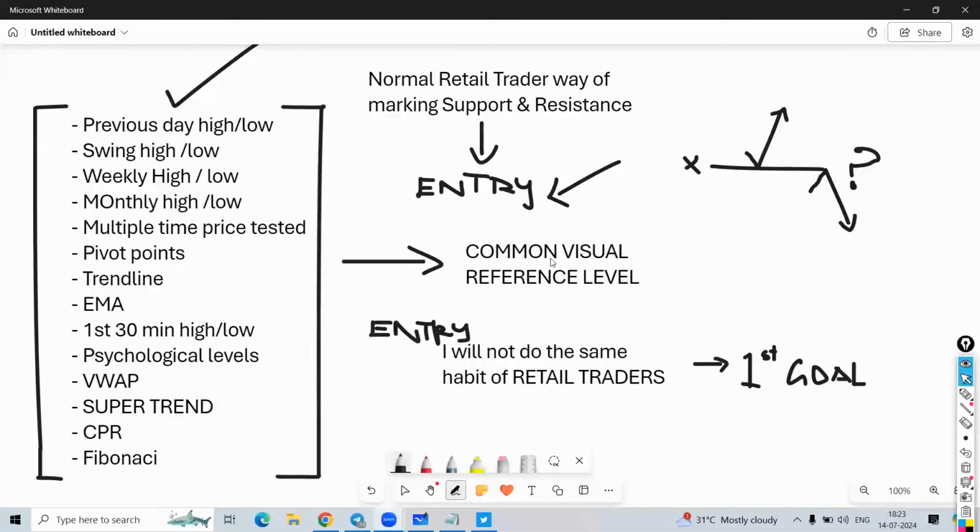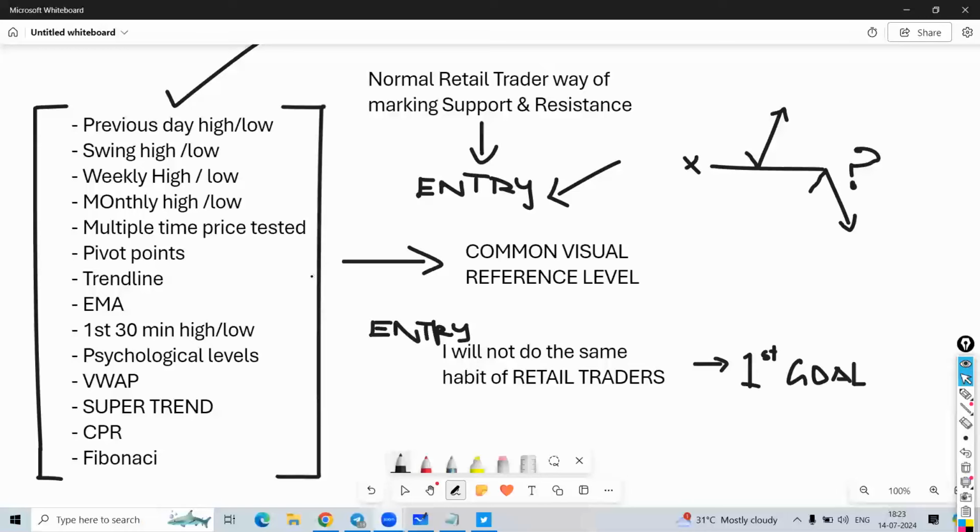You have access to the chat box, right? You can see every other trader's messages. Just check it out. Not even a single trader has said he or she is making consistent money by taking trade entries around these reference levels, which are written over here. This is not 1 or 2; I have written 13, 14 reference levels.